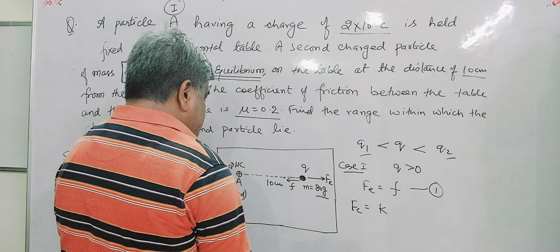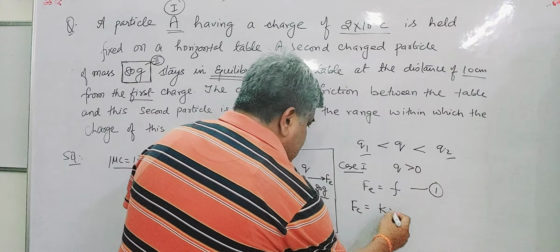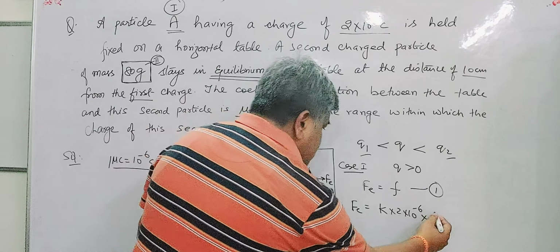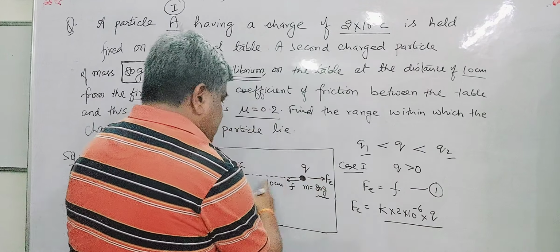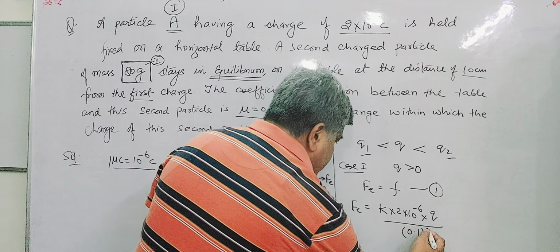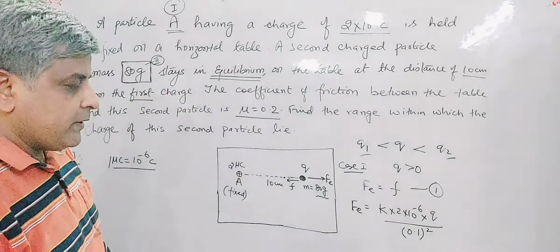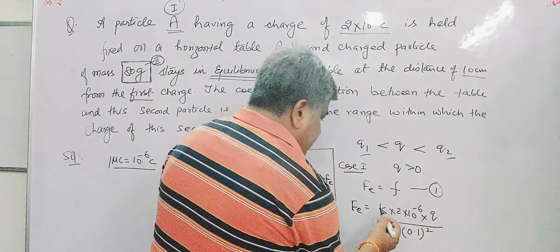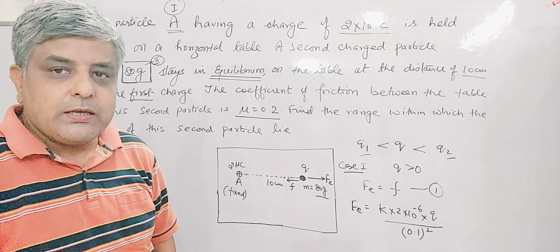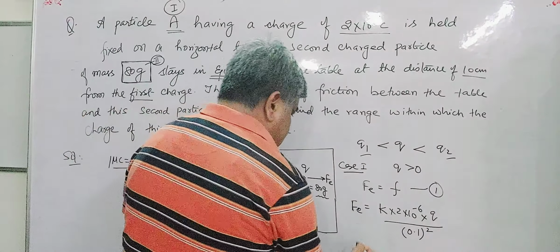So K, and Q1 is 2 multiplied by 10 to the power minus 6, and Q2 is this unknown charge Q, divided by the distance between them, 10 centimeter, which I can write as 0.1 squared. So this is the electrostatic force. We can simplify it more. We can write the value of K as 9 into 10 to the power 9. So after solving, let us see what happens here.